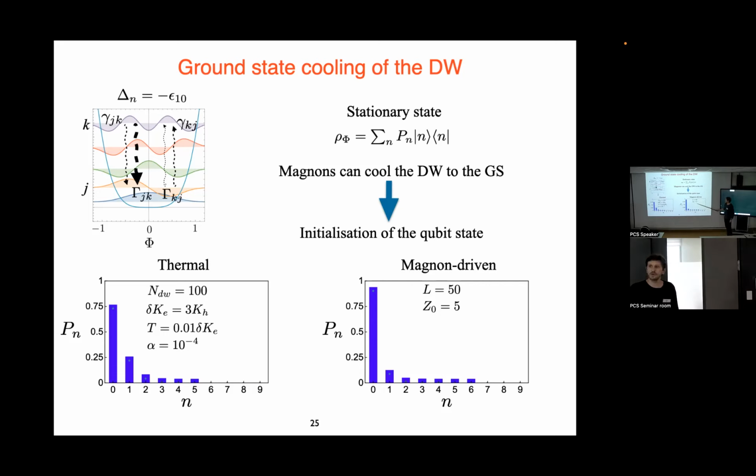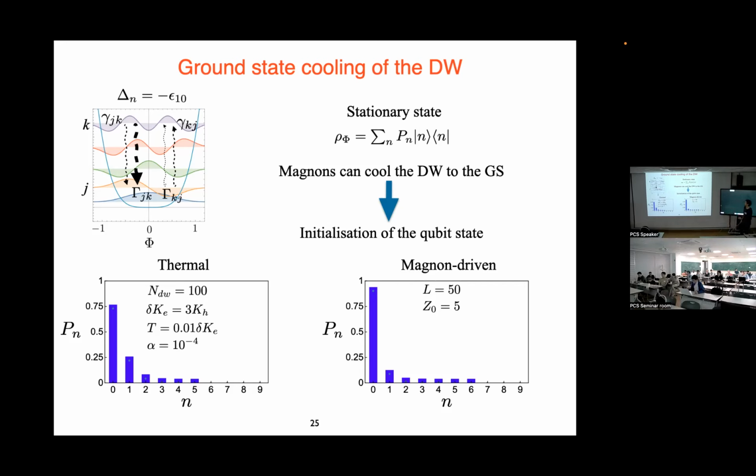However, if you now drive your magnon, and here I didn't optimize anything, I just basically put some parameters in and see what happens. And even with this non-optimization, we get like population almost 1 in the ground state. So that will constitute initialization of the qubit in Jisoo, for example, right?